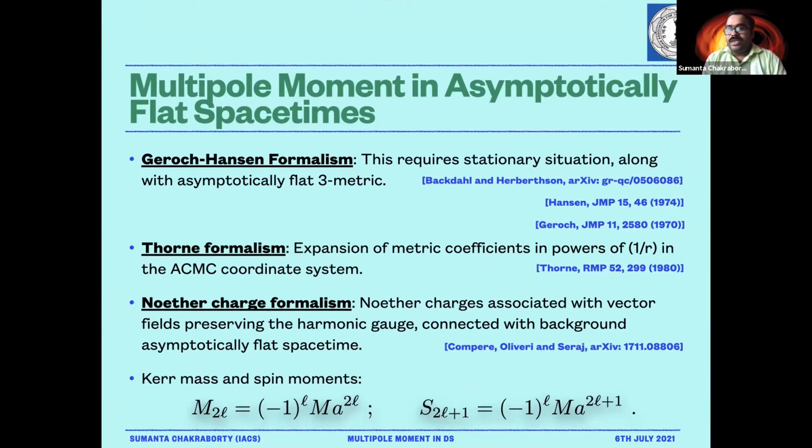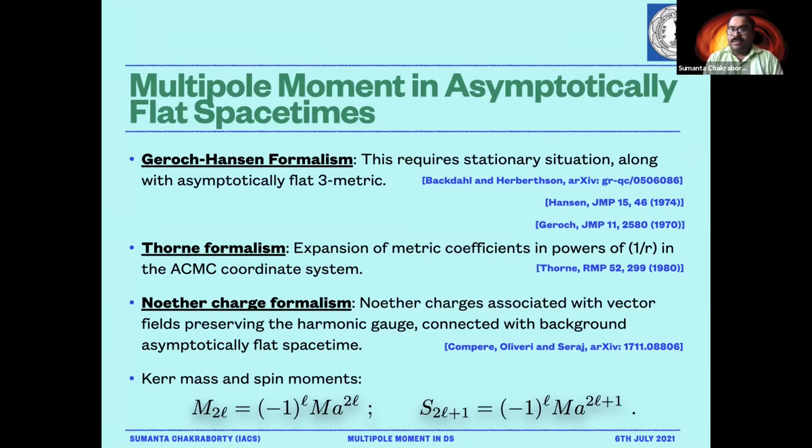This requires a stationary situation, in the sense that it requires the existence of a time-like Killing vector field, which leads to a twist potential, which can be generalized for asymptotically de Sitter spacetime as well. But the problem comes at the next step, which requires finding a three-metric orthogonal to this time-like Killing vector field. And that must be asymptotically flat for the Geroch-Hansen formalism to be applicable.